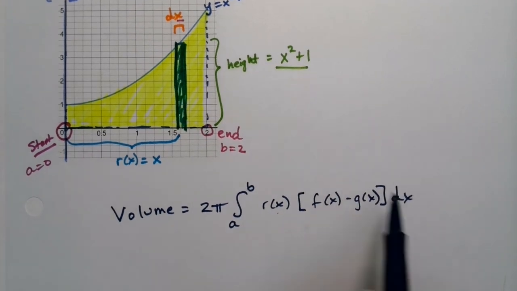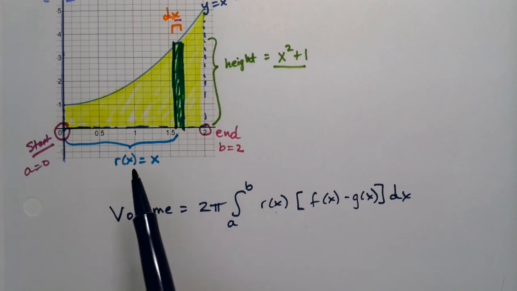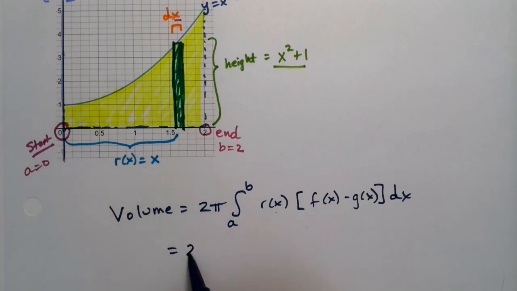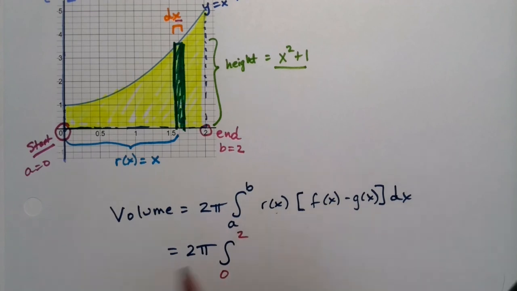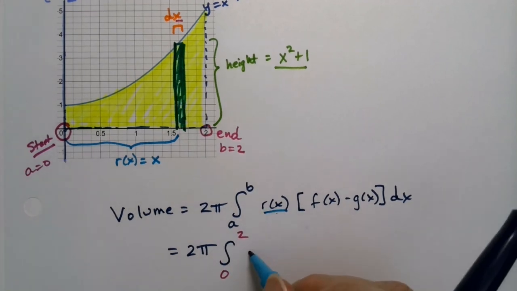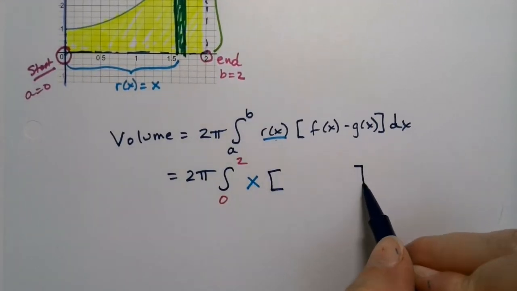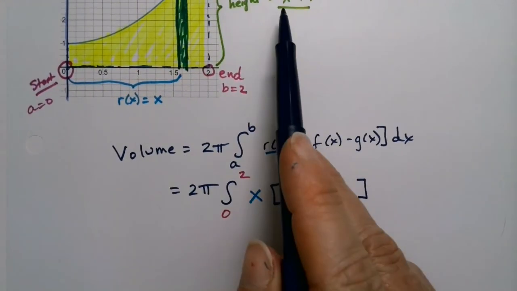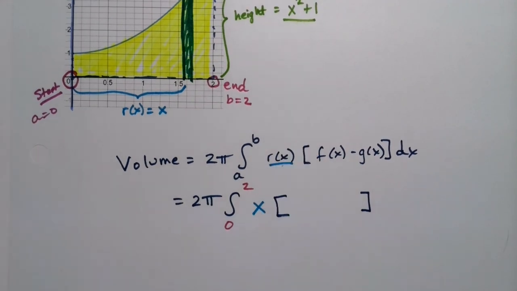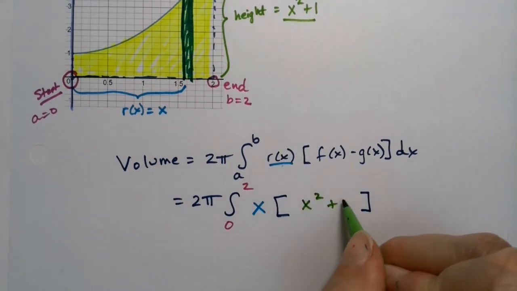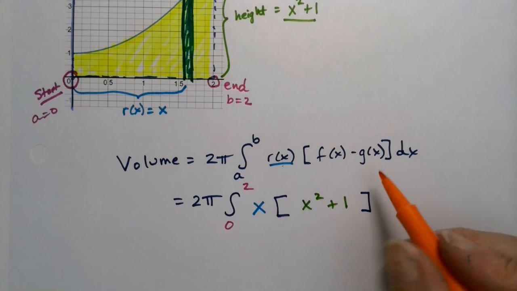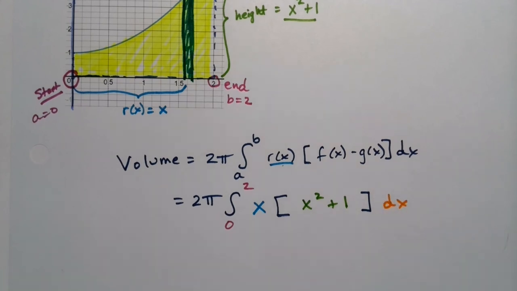I know it's dx because of my axis of rotation being vertical. So that's 2 pi times the integral from 0 to 2. r of x we said was x. f of x minus g of x is the height, which was just x squared plus 1. And then my thickness is dx.